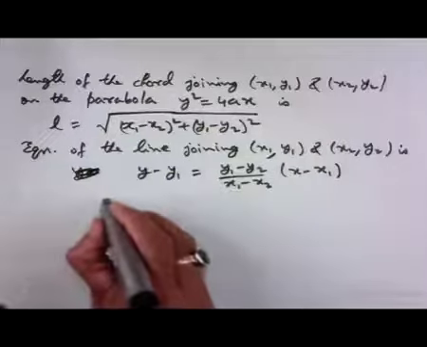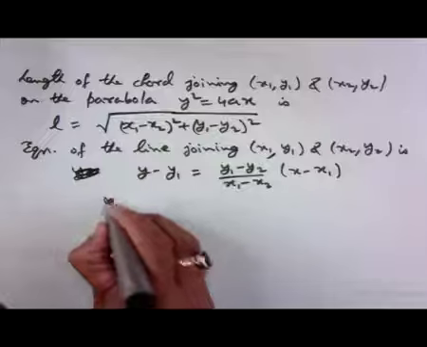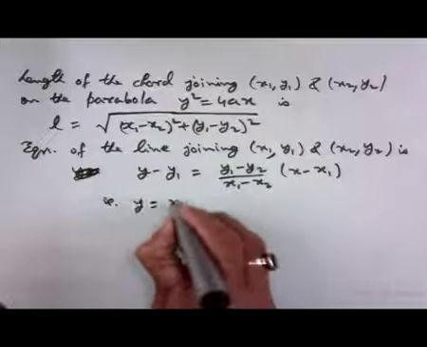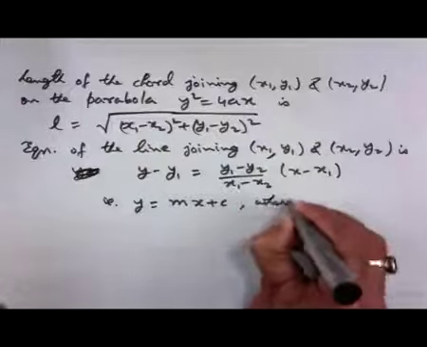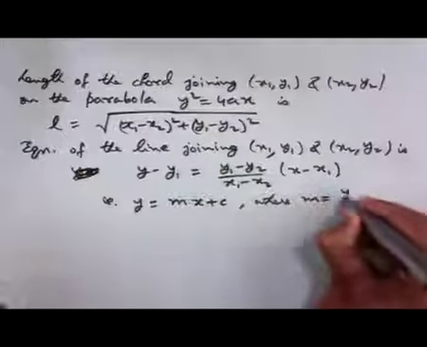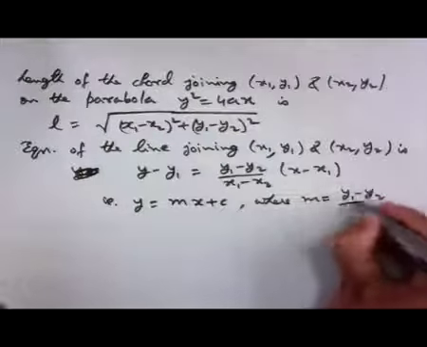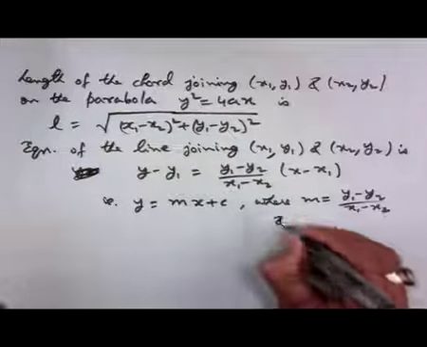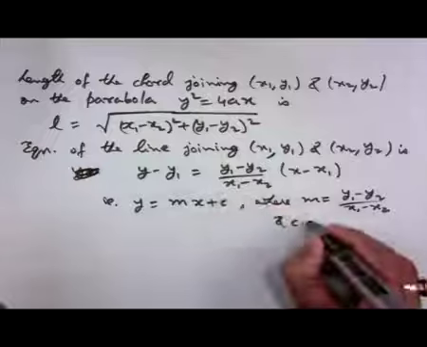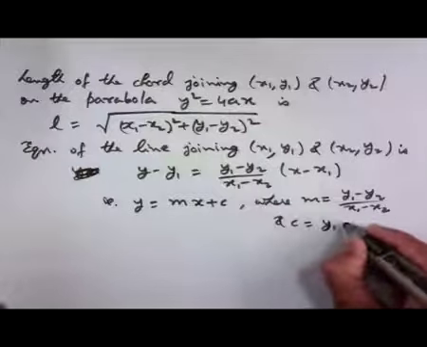So, this can be written as y equal to m x plus c, where m is (y 1 minus y 2) by (x 1 minus x 2) and c is equal to y 1 minus m x 1.